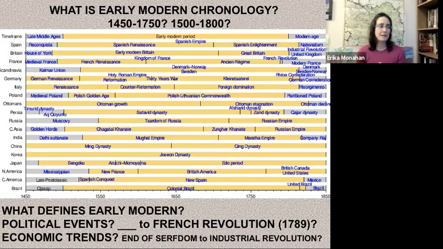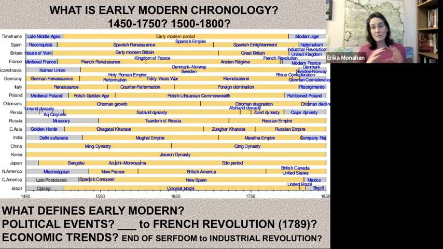And in that case, they might say, well, from the end of the 100 Years' War in the 15th century, or from the Ottoman Turks toppling Constantinople in 1453. 1453 is a super important date. These are some major political events around which we hone in on the beginning of the early modern period.